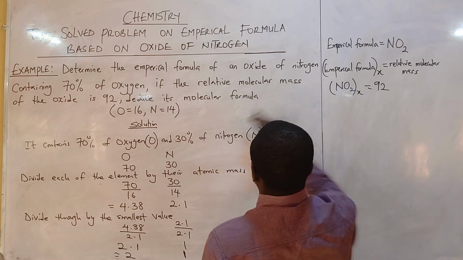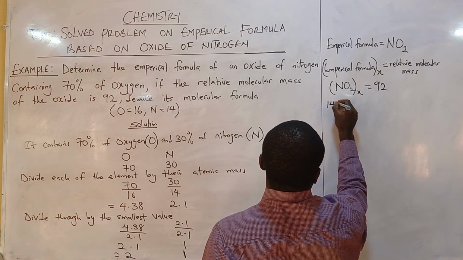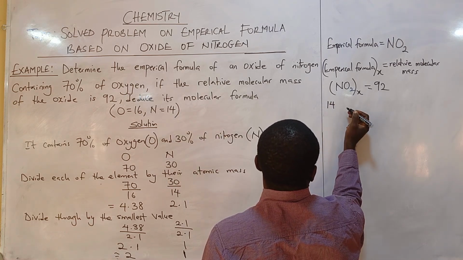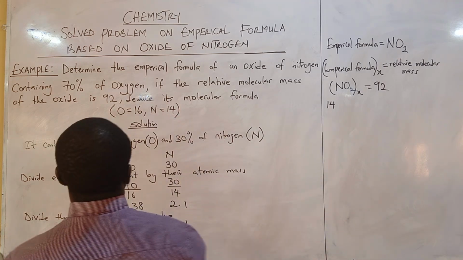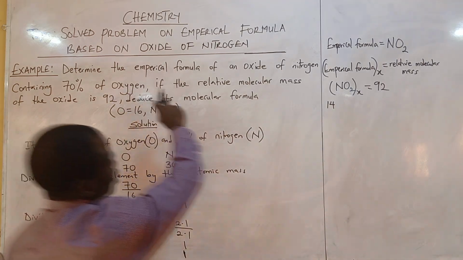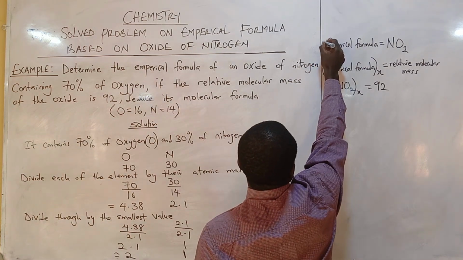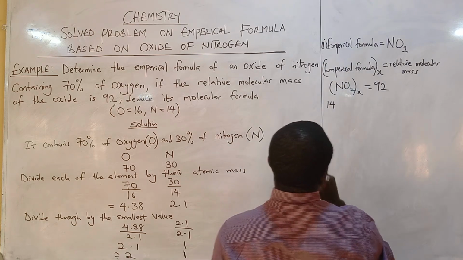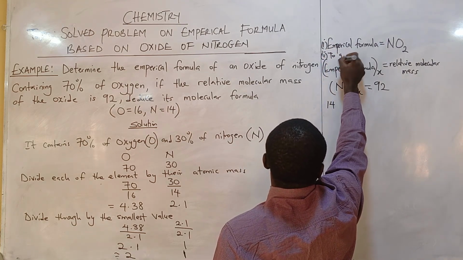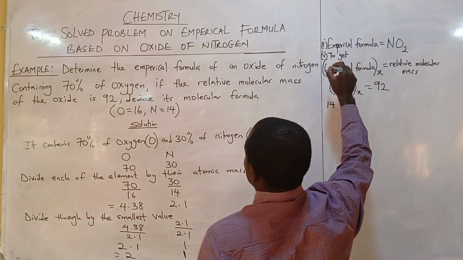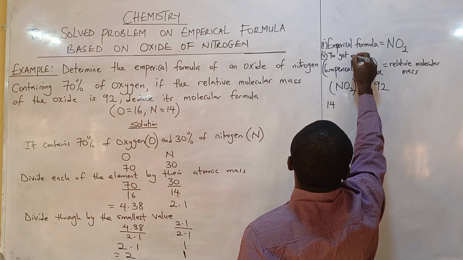Our nitrogen is 14. Okay, and you know that we have gotten the first part, to determine the empirical formula, which is this. The second one is to get the molecular formula.